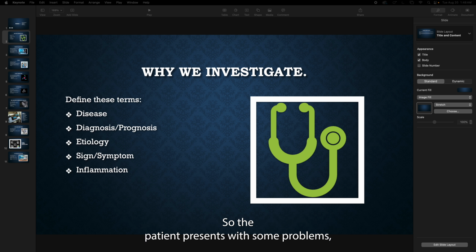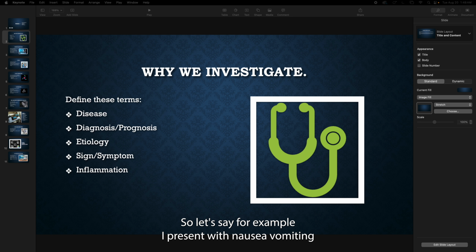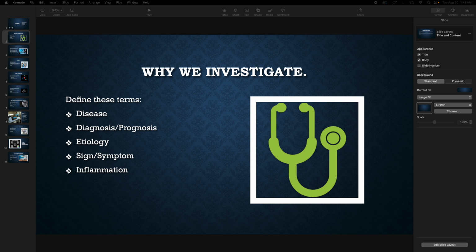So the patient presents with some problems, and the doctor will start to ask questions, or the triage person will start to ask questions. So what's going on with you? And the patient will list a bunch of stuff. So let's say, for example, I present with nausea, vomiting, and temperature. I'm febrile or high temperature, and my skin is red.